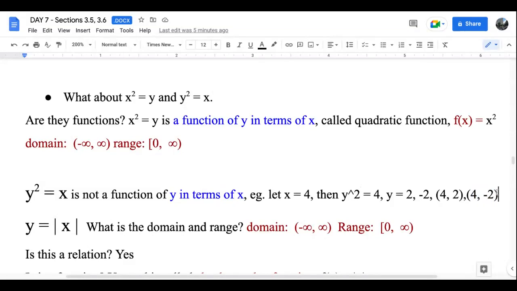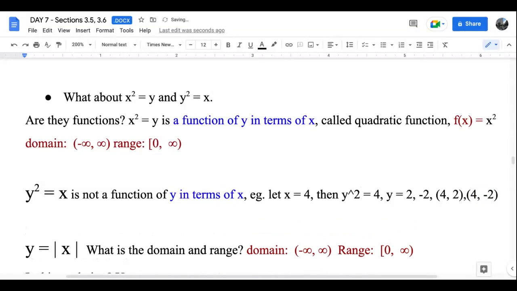You may say, okay, if this is not a function of y in terms of x, it is a function of x in terms of y.